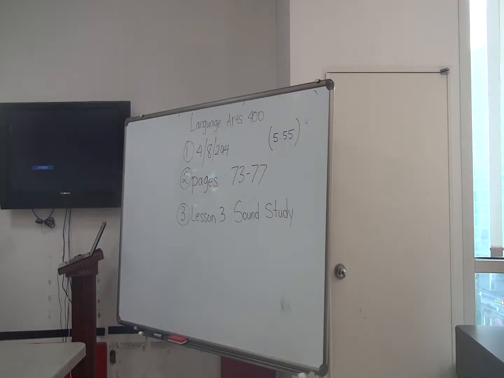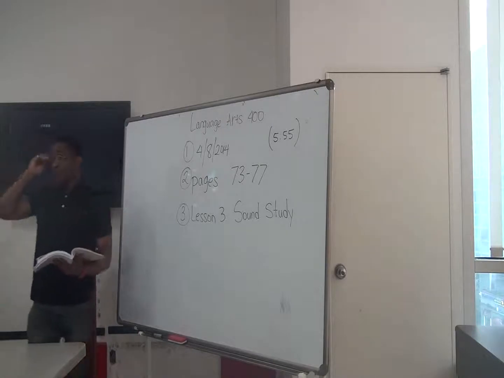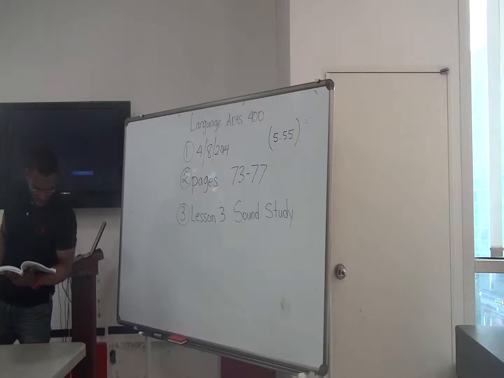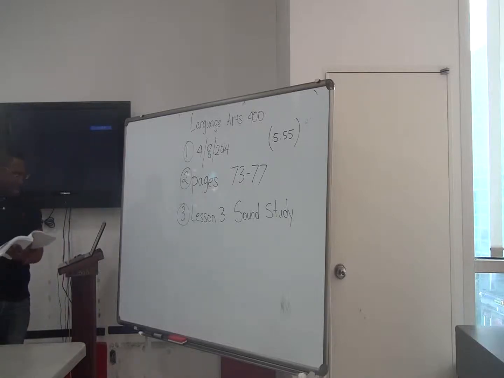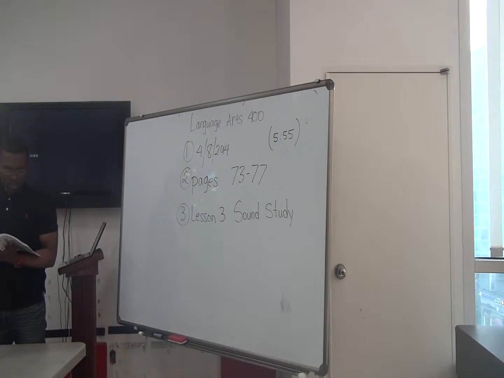Yes, that is a hard C. Hard C for cove. And what about number 17? Are you sure? Yes, very good. She is sure. It is a soft C. And what about number 18? Acorn, hard. Hard C, very good. Hard C for acorn.